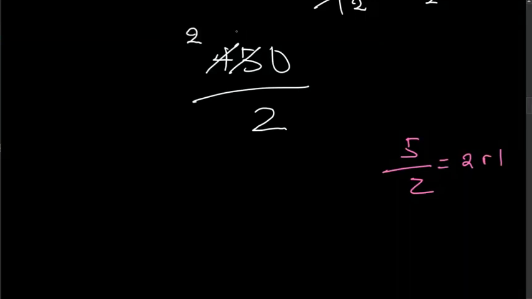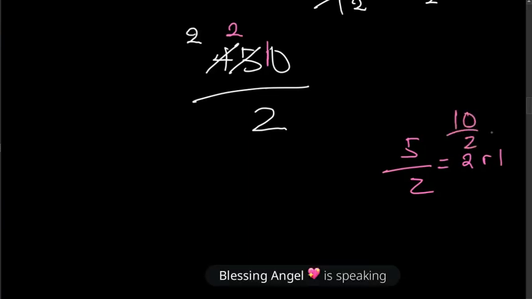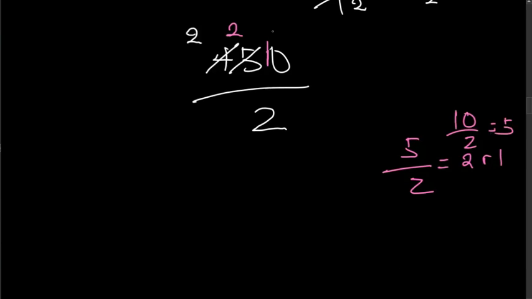So 2 remainder 1. So we put 2 here, and put the remainder 1 behind the 0. 10 divided by 2 is 5. So we have 5. Therefore, our final answer is 225 kilometers per hour. And I did this without using a calculator.